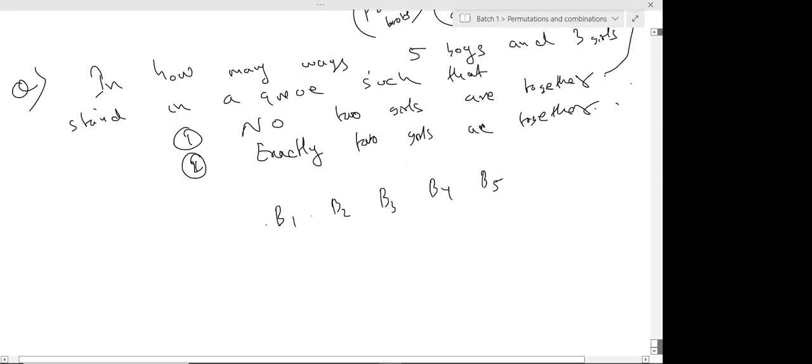So we arrange the boys in 5 factorial ways. So 5 things have 6 gaps and 3 girls. That means I can choose any gaps out of 6, 6C3. Now 3 girls can be arranged internally. So 3 factorial.